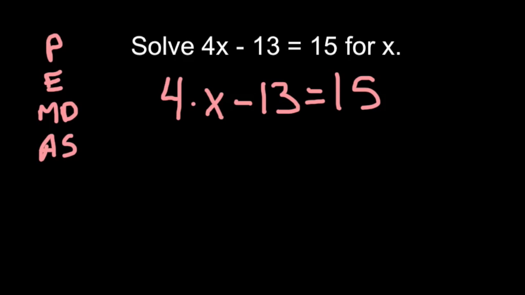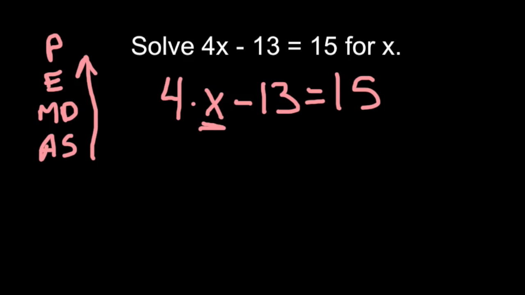But because we're solving this equation, we're going backwards to reveal what x is going to be equal to. We need to do the order of operations backwards. So instead of parentheses first, adding and subtracting are going to be first.